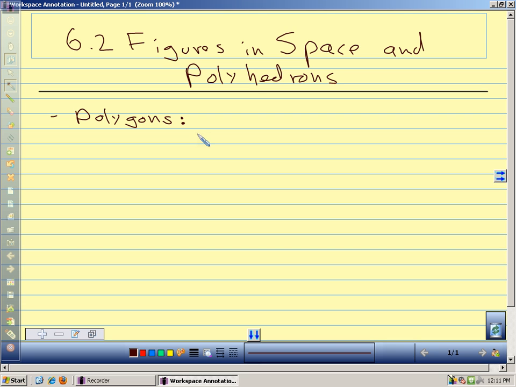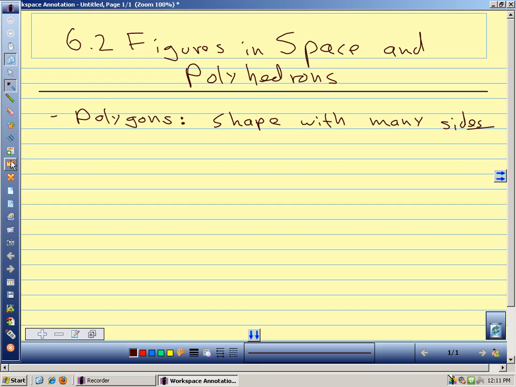A shape? A shape with a bunch of sides. Okay? That's a perfect definition. So it's a shape with, we'll just say, many sides. And it has to have at least three, because without three sides, it really doesn't make a shape. So a polygon is a shape with a bunch of sides.